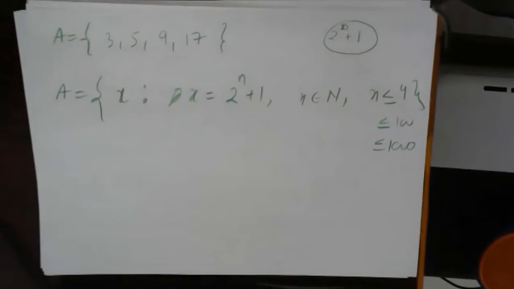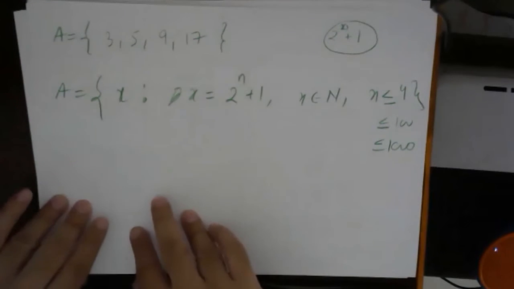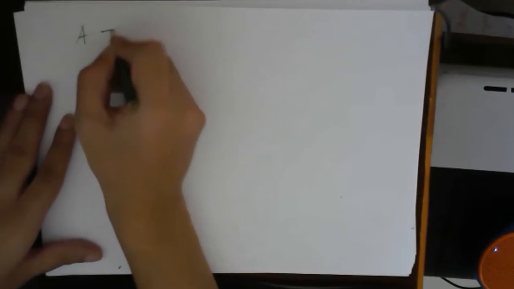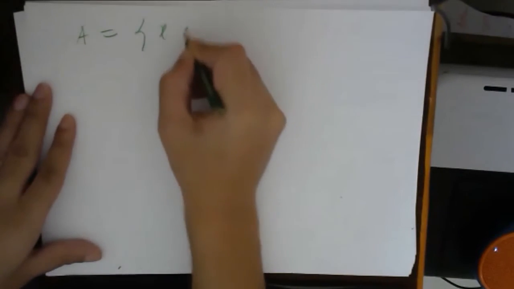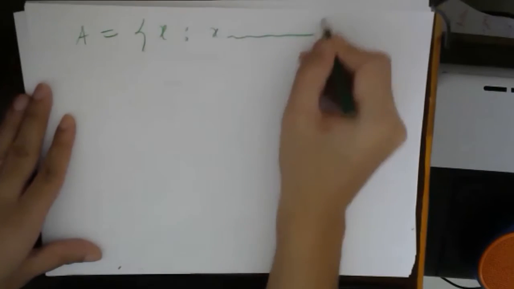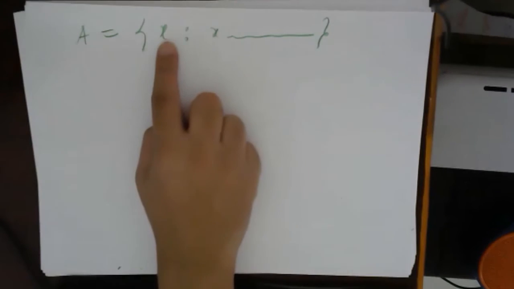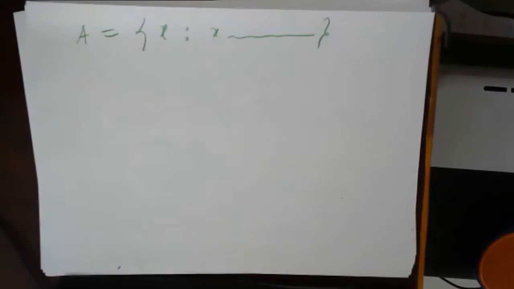We'll be very specific about how to define it. Suppose we have a set A which has element x such that x is satisfying some property.